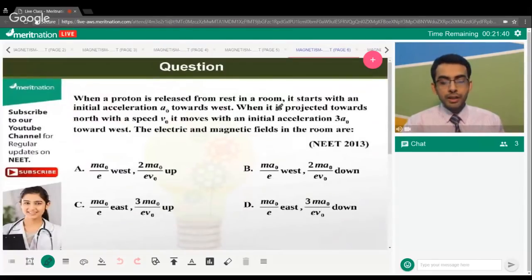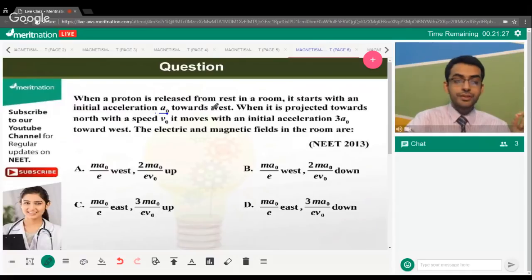When a proton is released from rest in a room, it starts with an initial acceleration a naught towards west. When it is projected towards north with a speed v naught, it moves with an acceleration 3a naught towards west.